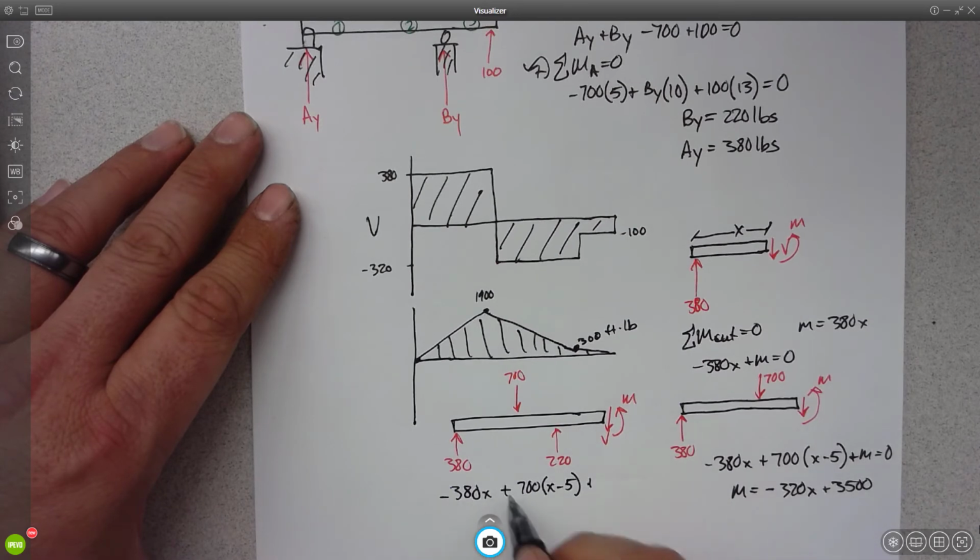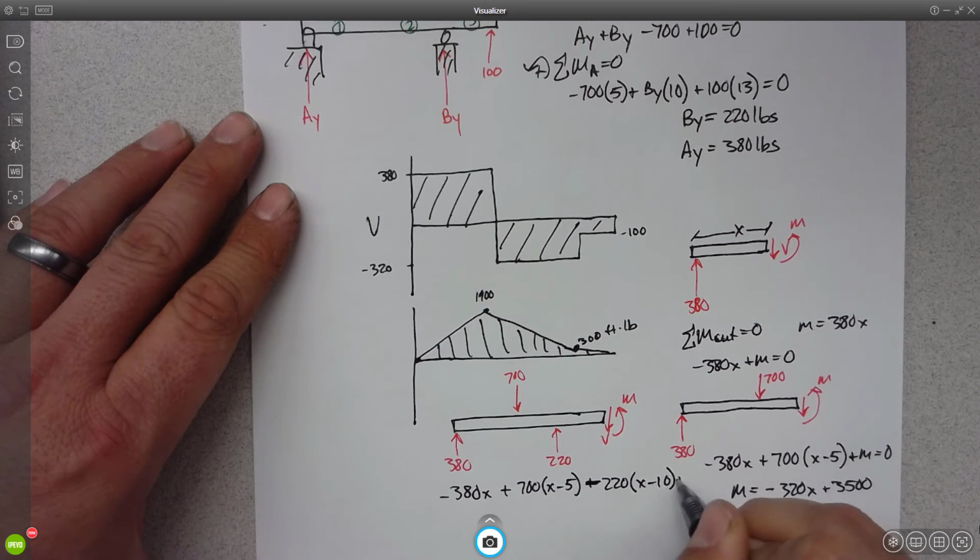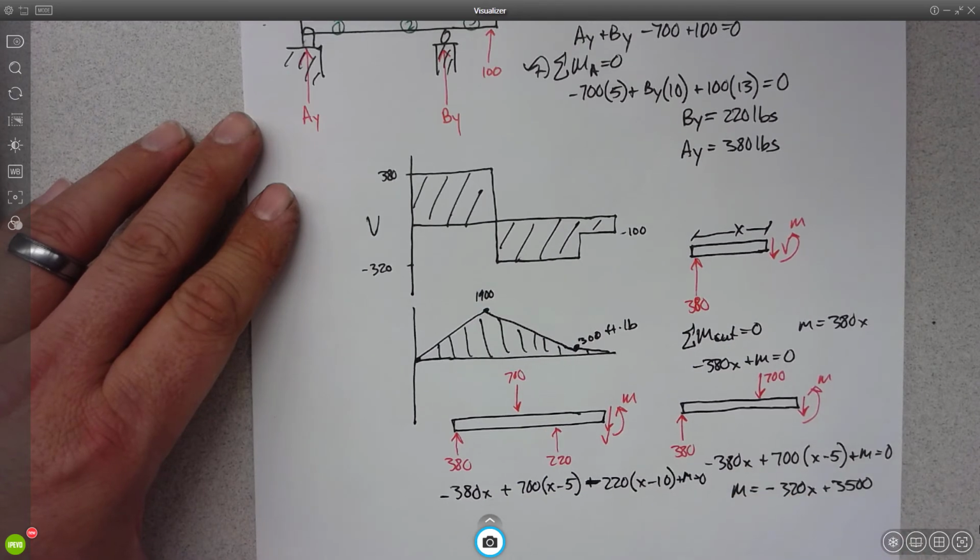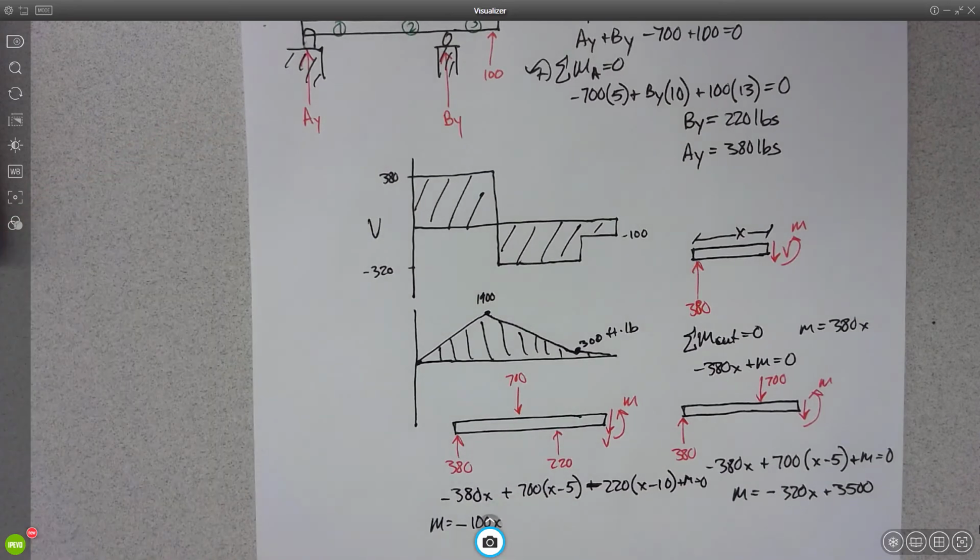Sorry, that'd be negative 380 plus 700 minus 220 times (x minus 10) plus M equals 0. And that'll get us something like negative 100x. M is equal to negative 100x plus 3,500 minus 2,200. I think that's plus like 1,300 or something like that.